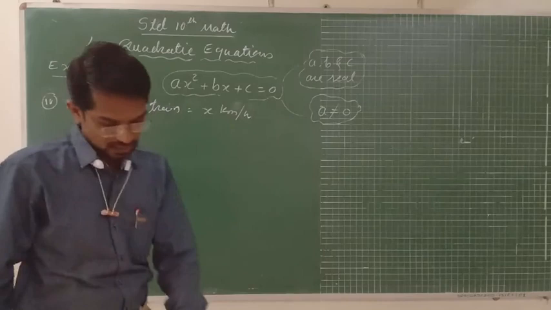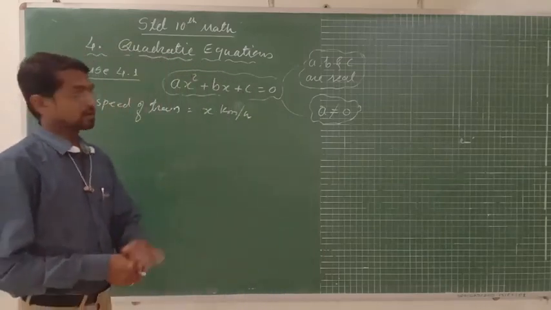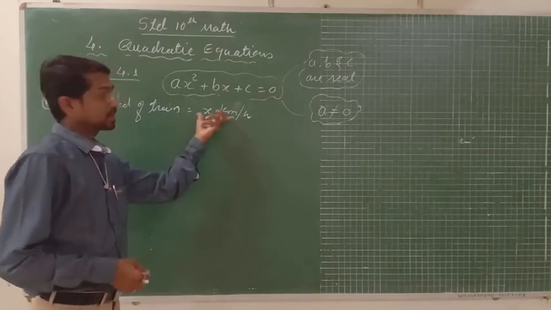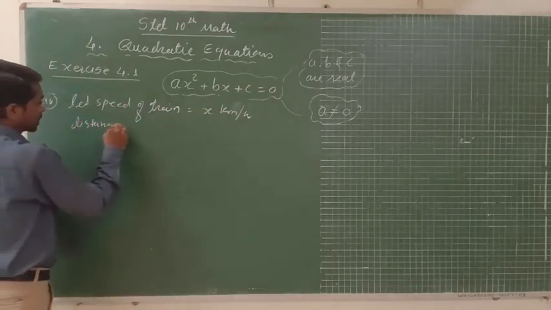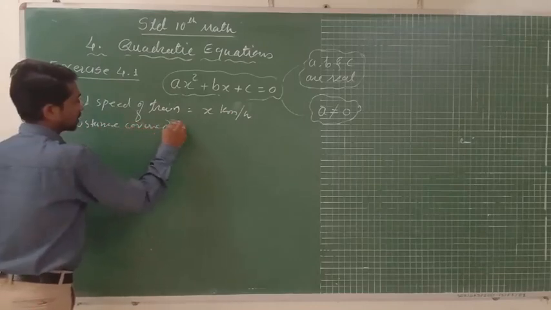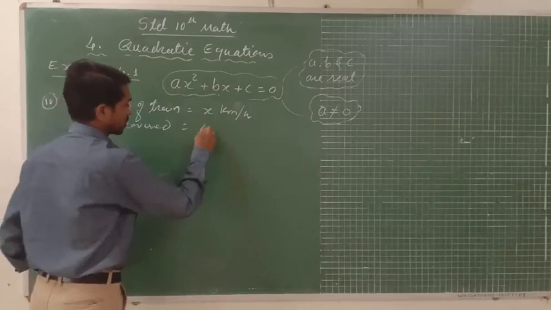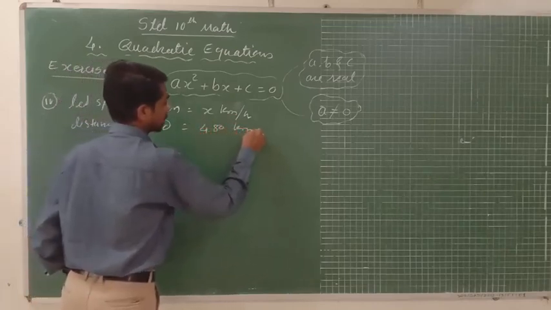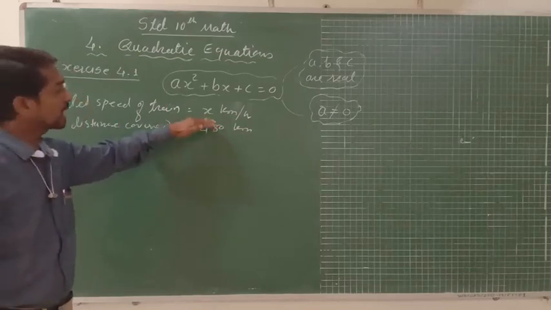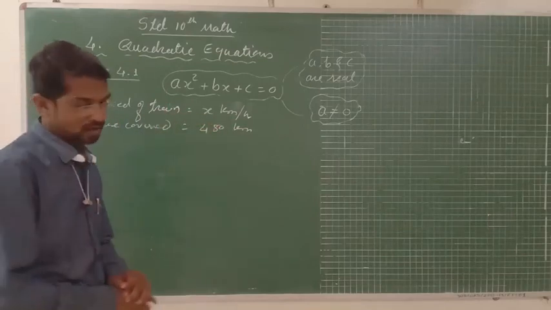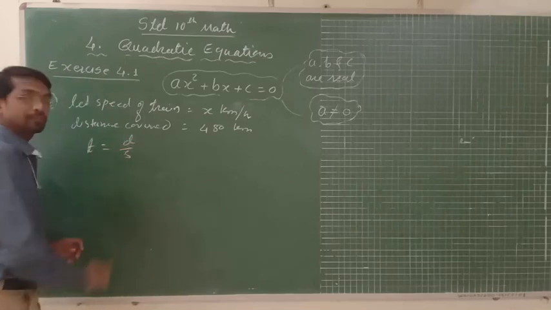Now at this x kilometer per hour, the distance covered at this uniform speed is equal to 480 kilometer. So what time is required to cover this distance at this speed? As you know the formula, time is equal to distance by speed, right?